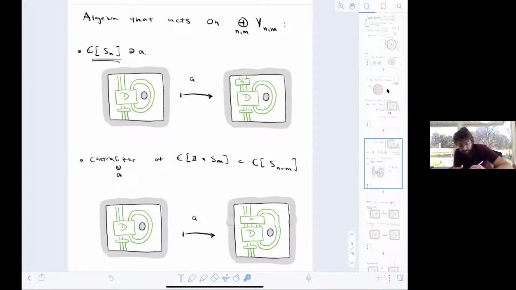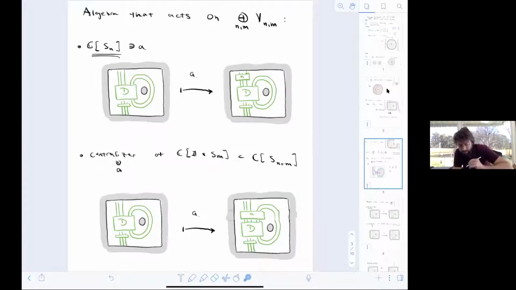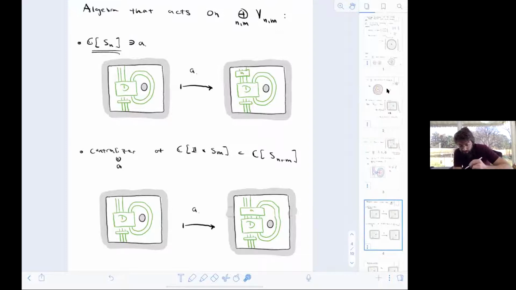Anyway, you need to check that this respects the relation identifying left and right multiplication by elements of CSM. And that's the same thing as centralizing elements of CSM.